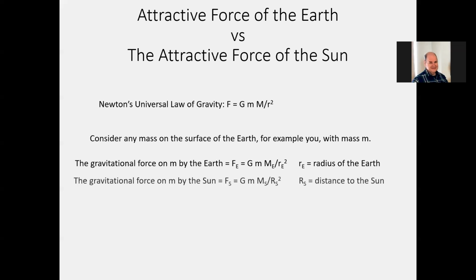And for the force that the sun would be pulling on us, we would use the mass of the sun and the distance that we are from the sun. Astronomers call it 1 AU, 1 astronomical unit, the distance from the Earth to the sun. So we would have the ratio of the two forces, the force of the Earth pulling us down and the force of the sun pulling us up, in that sense a ratio of one complex fraction over the other.